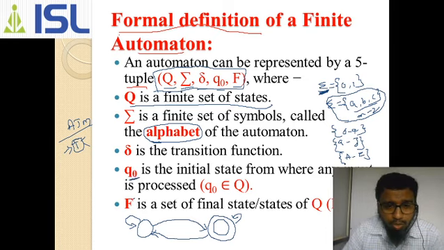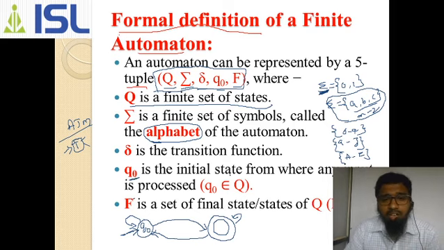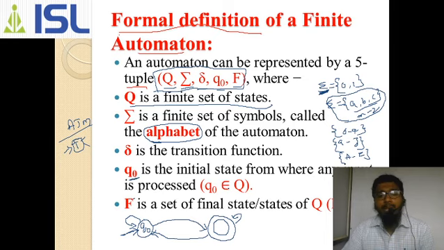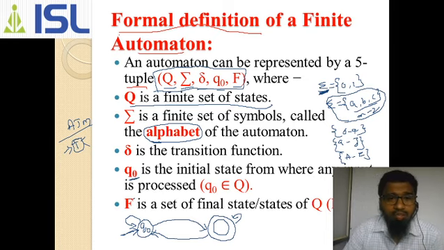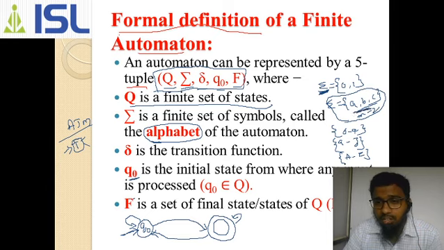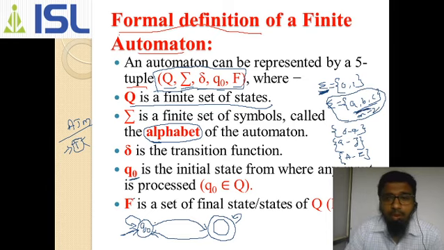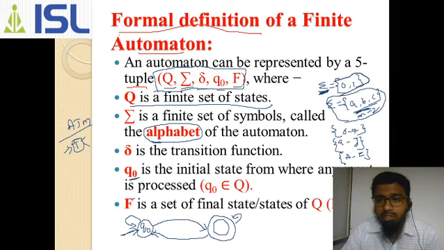Okay, so here q0, what is this q0? Q0 is the initial state, and the initial state is represented as a circle. This is called a state. If that state has an arrow, that means it is the initial state from where any input is processed. So q0 belongs to Q, the finite set of states. Take this example, sigma is 0, 1.